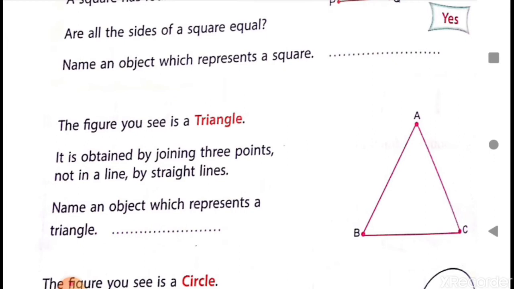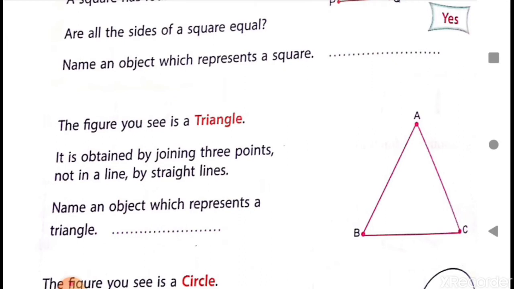Lines AB and BC meet at point B. Lines BC and CA meet at point C, and lines CA and AB meet at point A. Okay, so this is a triangle. A triangle has got 3 sides and 3 points.